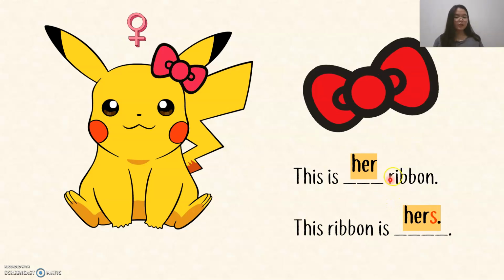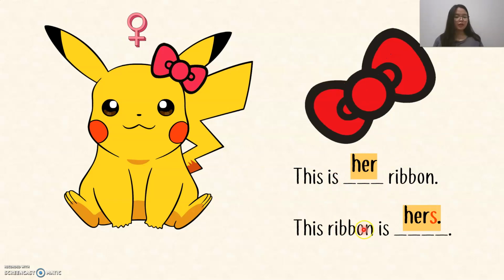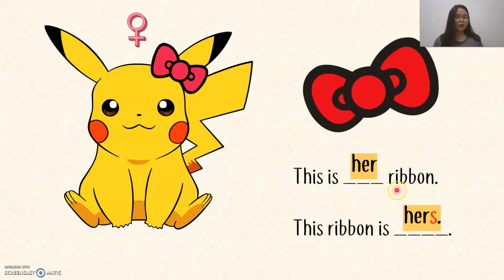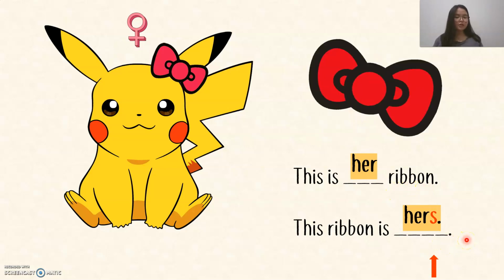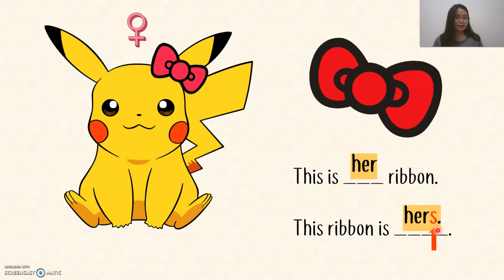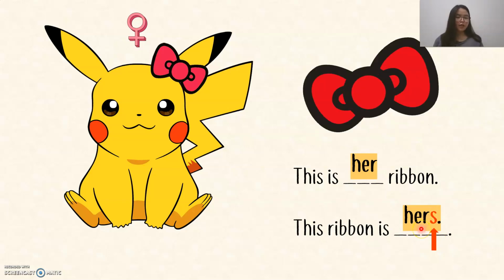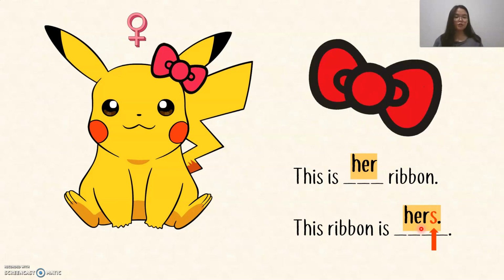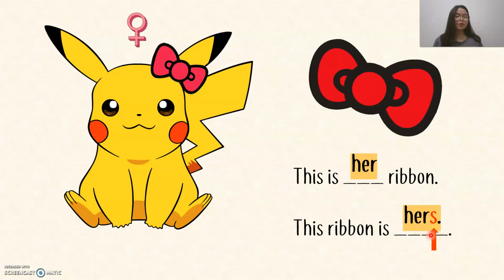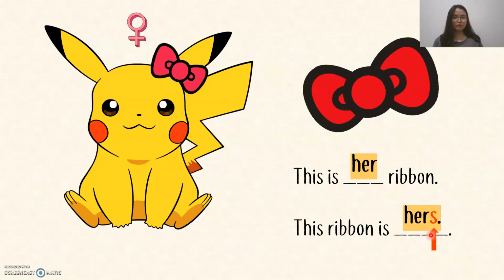So the first one here is a possessive pronoun and the second one is a possessive adjective, because the first one has a noun after it, but this one we have no noun after it, so don't forget to add another s. Same goes for their, because it ends with r like this one, so we put another s after it.